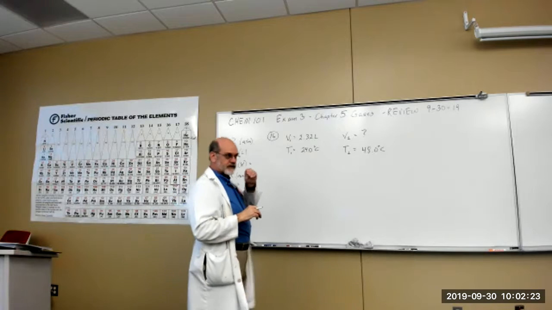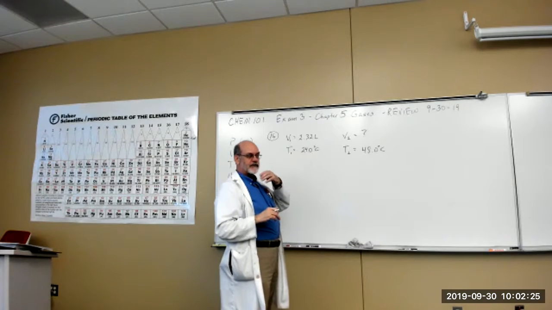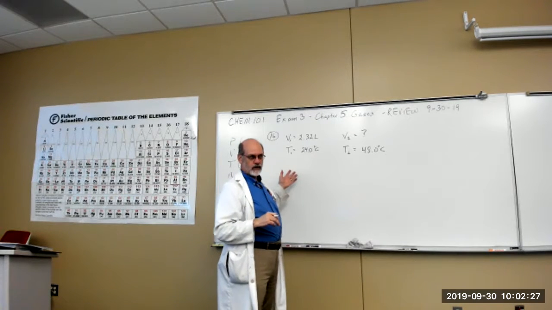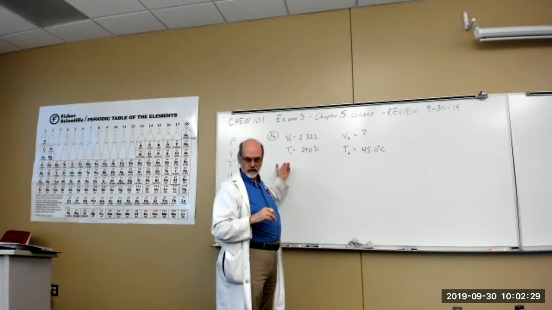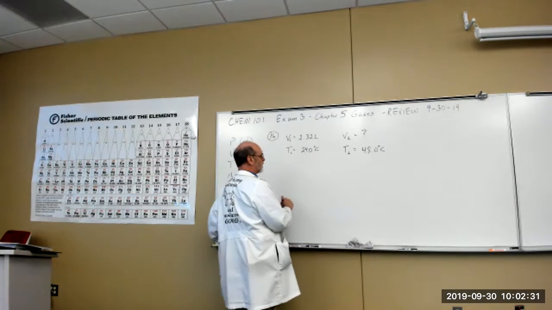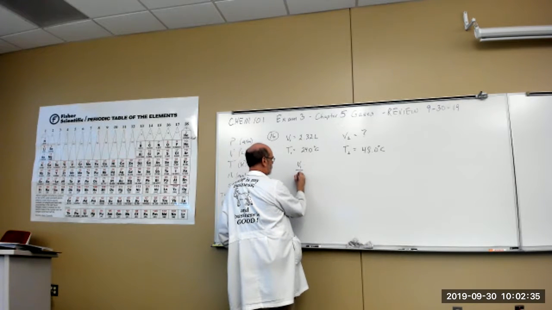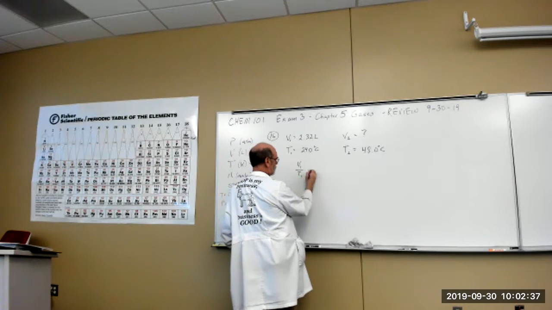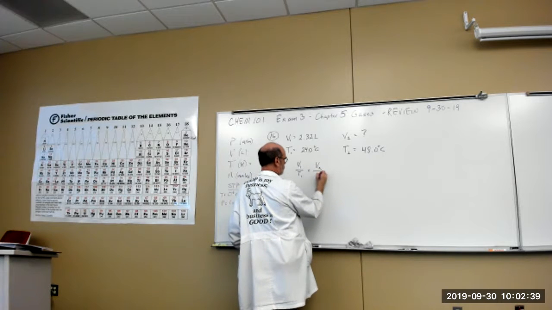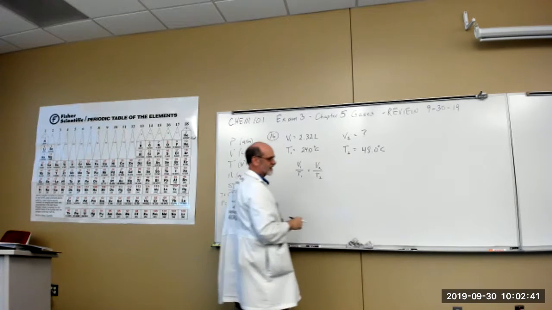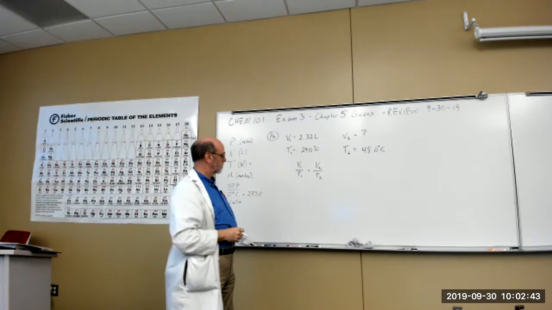So we decided it's a before and after. So what formula, what law are we going to use for this one? Charles' law. All right. And what form will it take? V1/T1 equals V2/T2. Something like that.